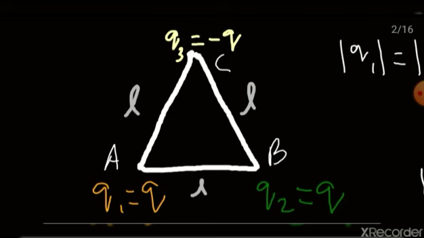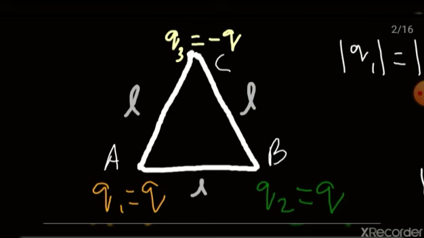If we see the diagram properly, all three charges are of the same magnitude, q, and each two of the charges are at the same separation.